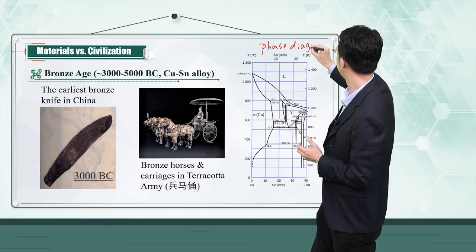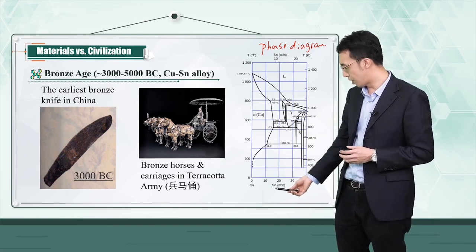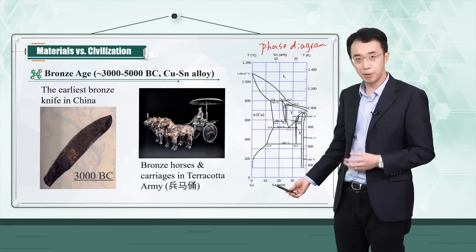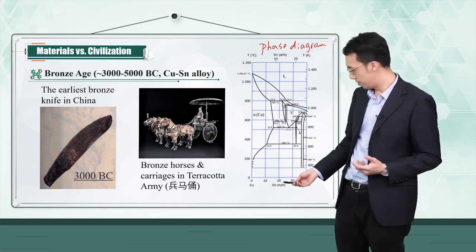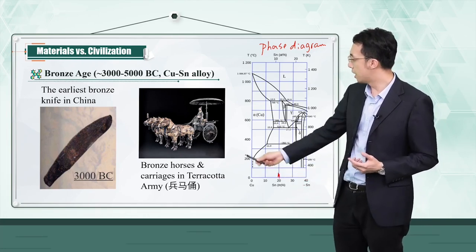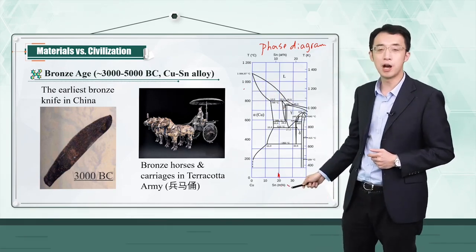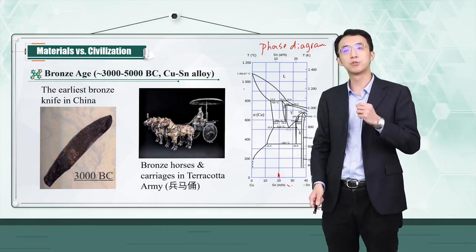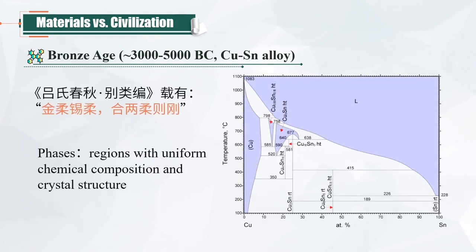Phase diagram of this alloy. The horizontal axis is the composition, or the concentration of tin in copper. So 20% here means you have 20% tin and 80% copper in this combination. And the vertical axis is the temperature. So for each temperature and composition combination, you will have a certain crystal structure and certain properties of your copper-tin alloy.